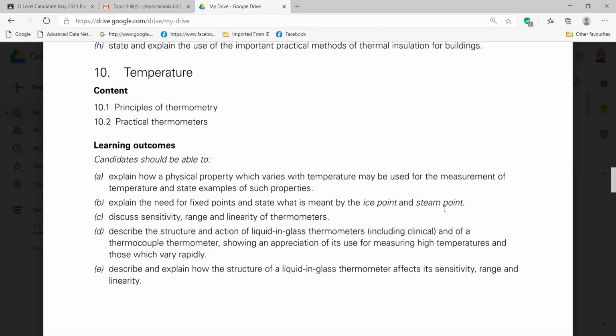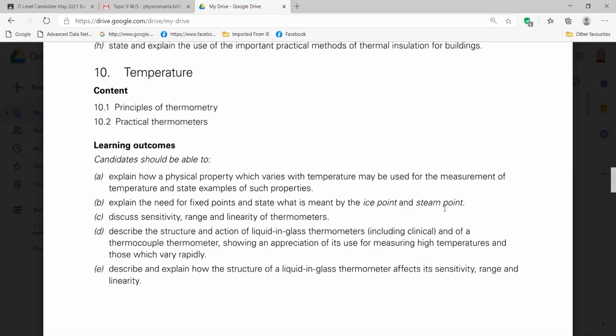So here we are using the property of solid, liquid, gas, right? Look here, the first one we are having the liquid expansion. Liquid expansion due to temperature raise, and this volume expansion of liquid is linear.